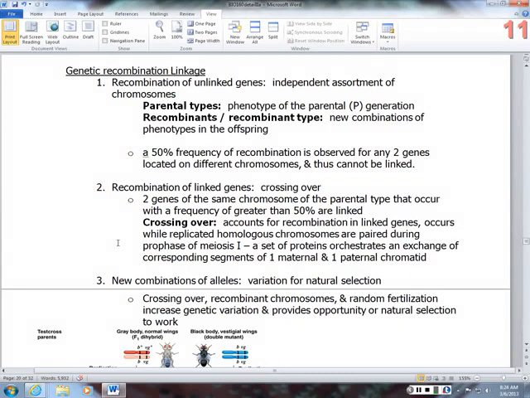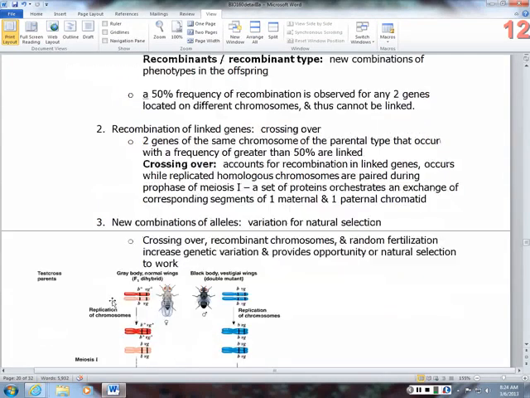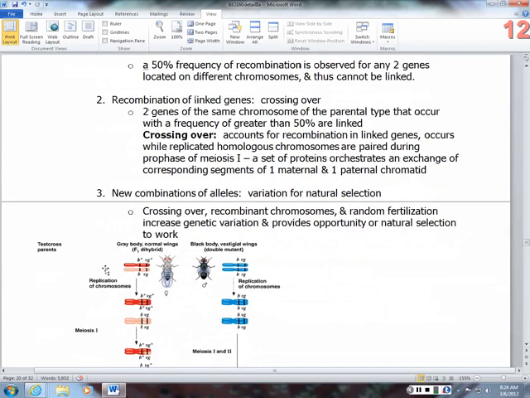So the crossing over accounts for the recombination in linked genes. It occurs while the replicated homologous chromosomes are paired during prophase of meiosis 1. And there's going to be a set of proteins that are going to orchestrate this exchange of the corresponding segments from one parent to the other parent's chromatid.